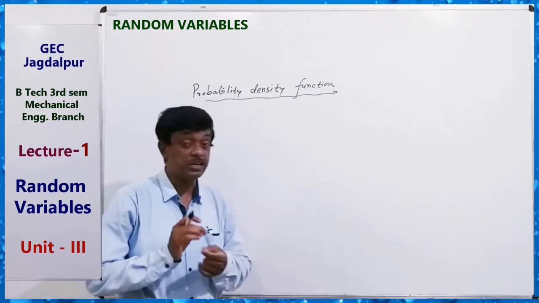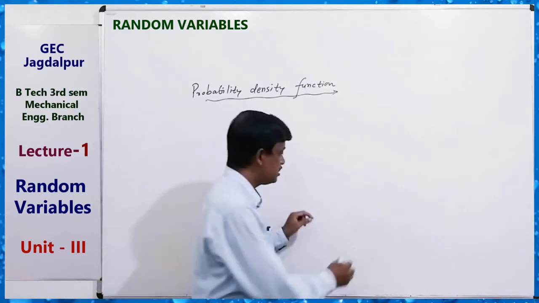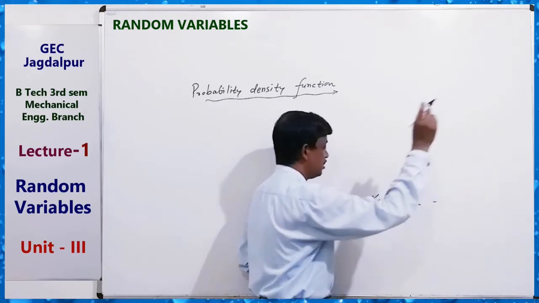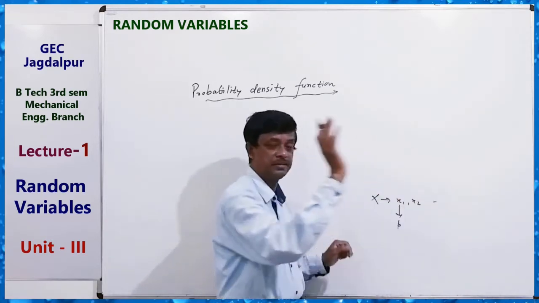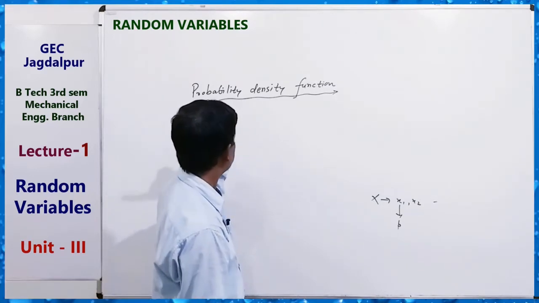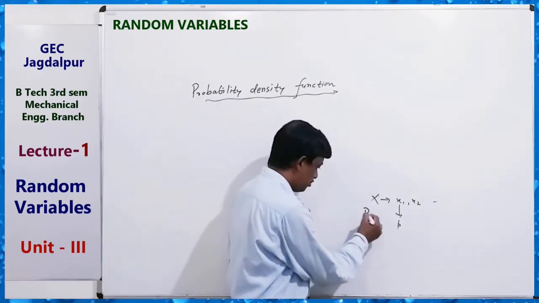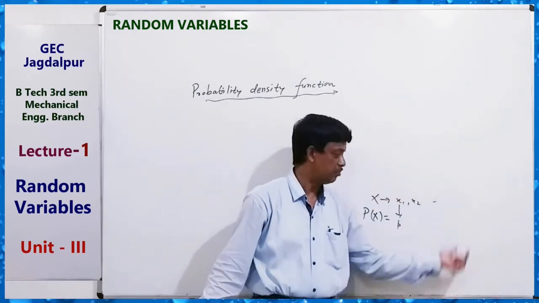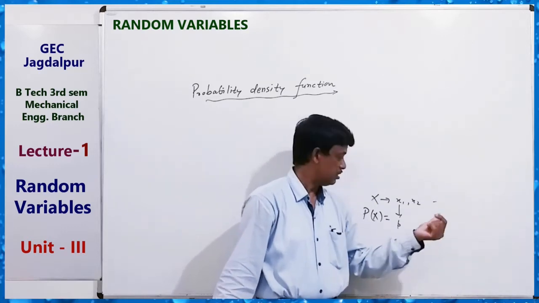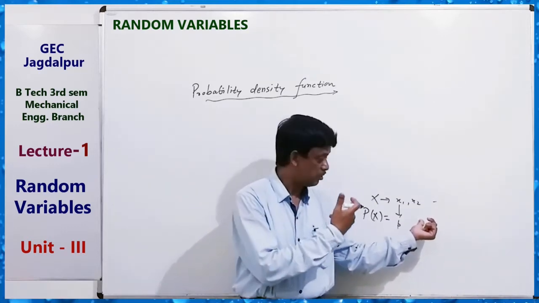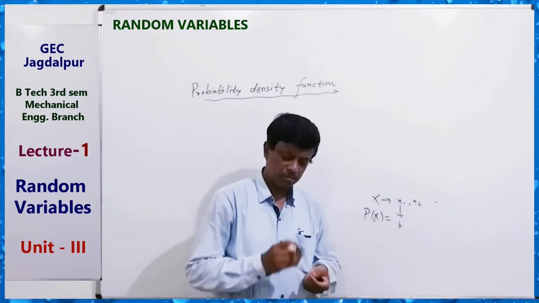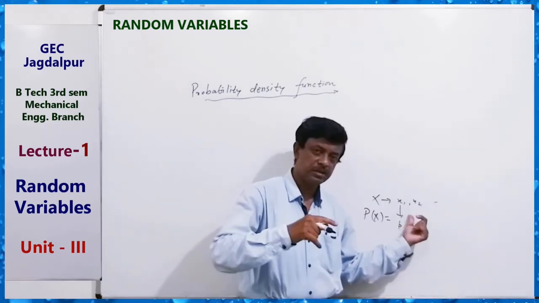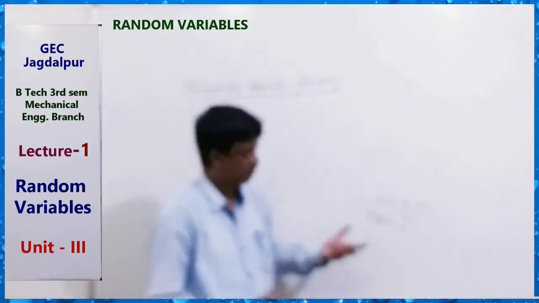In the case of a discrete random variable, x takes discrete values 1, 2, 3 and we write the corresponding probabilities. When we write probabilities corresponding to the discrete values of a random variable, we get a discrete probability distribution.